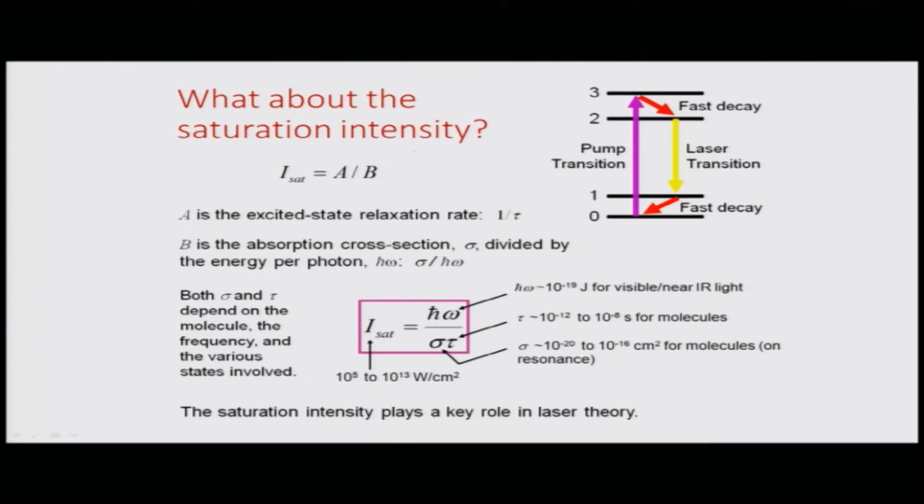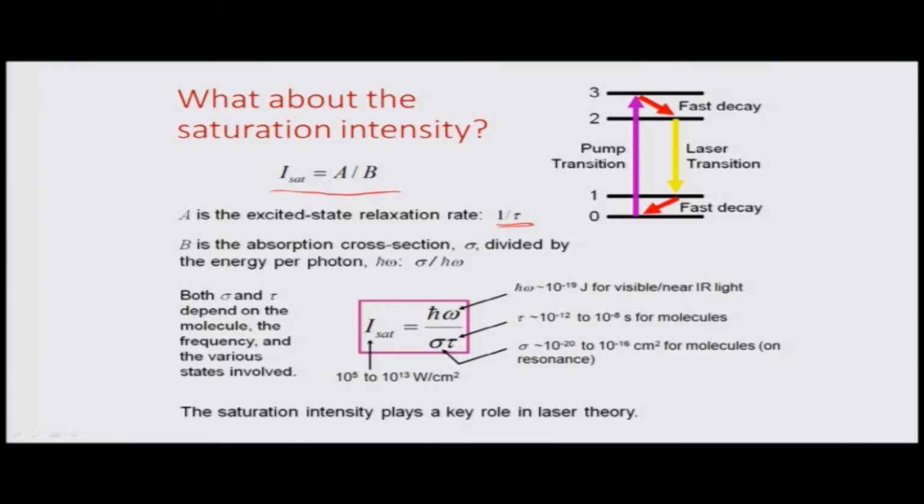The saturation intensity is something which, as I mentioned a couple of times before, is the ratio between the excited state and the ground state in some sense. So we can look at the relaxation rates and how these can be quantified.